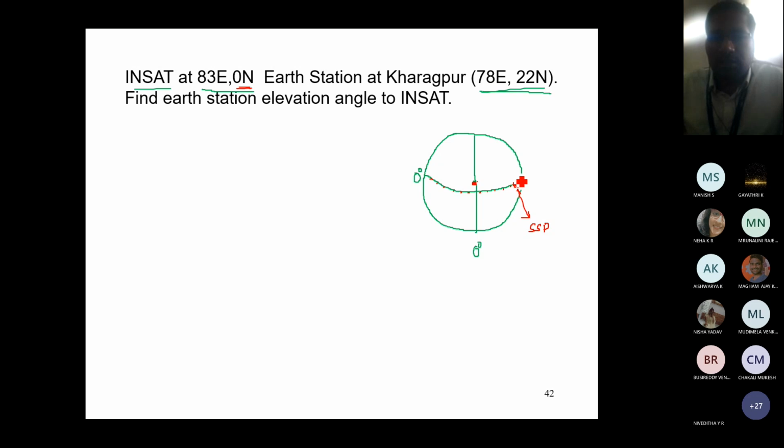Hence we obtain the location of the sub-satellite point, and let us look at where Kharagpur is present. What is the longitude of Kharagpur given? 78° east. The longitude of the satellite is 83° east, and here the longitude is 78.